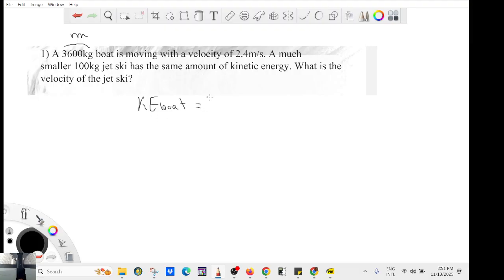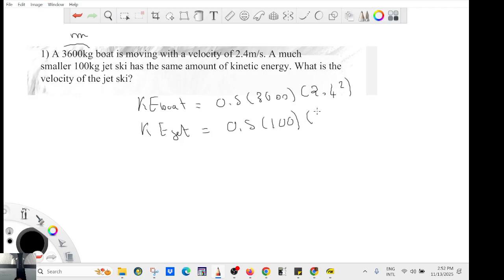So kinetic energy of the boat is 0.5, the mass, and the speed squared. Kinetic energy of the jet ski is going to be 0.5, the mass, and we don't know the speed. But we know that they have the same kinetic energy. Okay, so it's just a simple algebra problem.